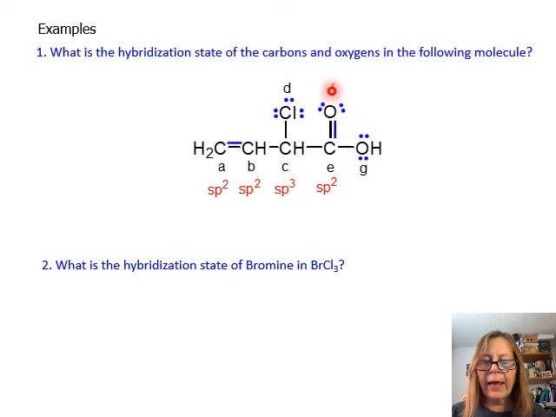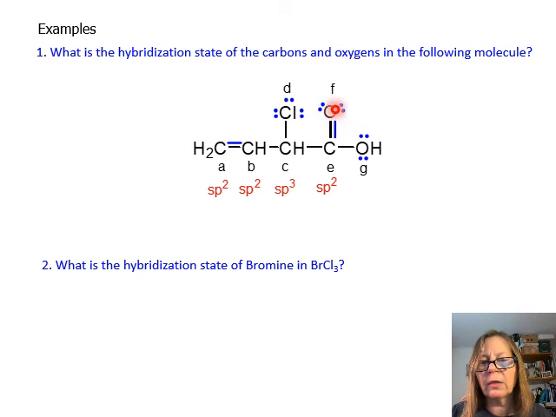Let's look at F. F has 2 lone pairs and a double bond. If you think about it, it's an AB2E2... it's a trigonal planar system. It's a geometry that corresponds to an sp2 hybridized state of the oxygen.